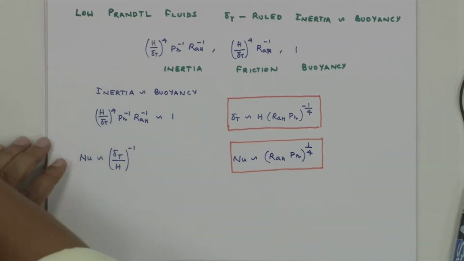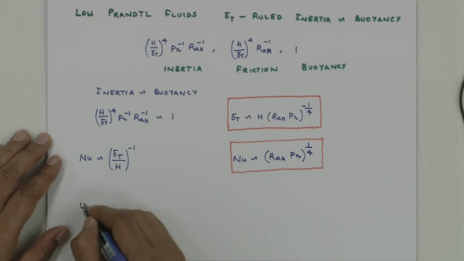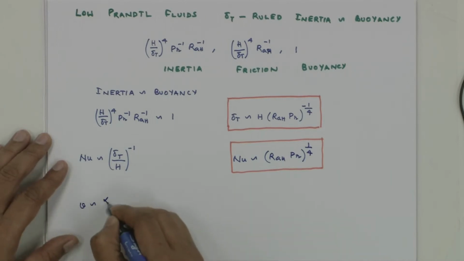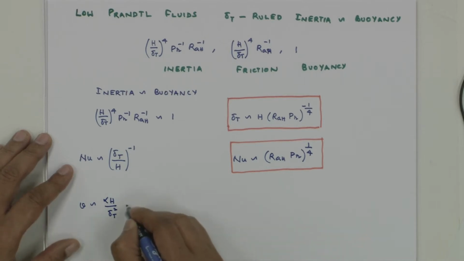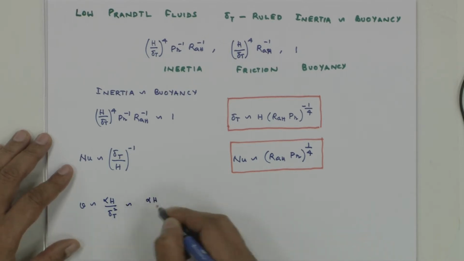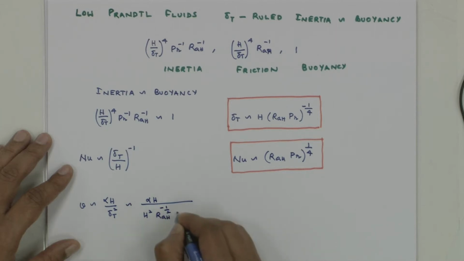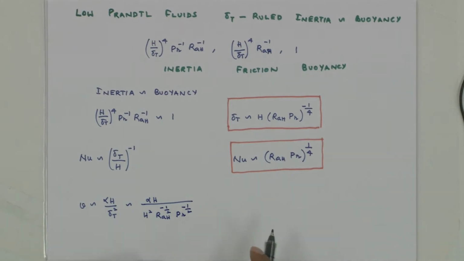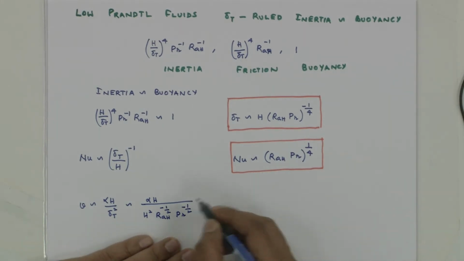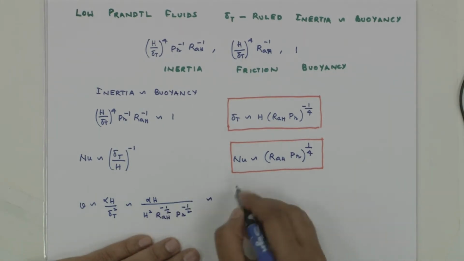Okay. Now, what is the scale of V? V is alpha h upon delta t squared, that is alpha h upon delta t squared, which is h squared Rayleigh to the power of minus half Prandtl to the power of minus half, that is 1 by 4 into 2. So, you get minus half. So, that is alpha by h.